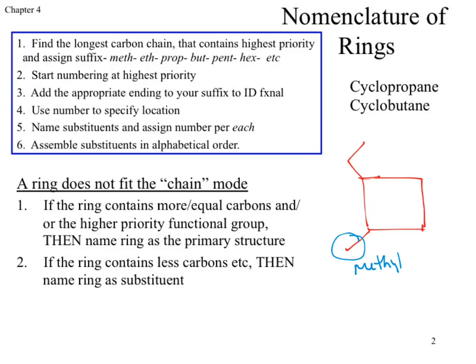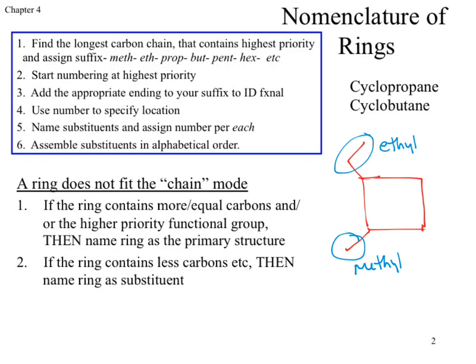We have a methyl and we have an ethyl. Here's my primary weakness. If we were going to go through and now put this into a name, which substituent comes first? Ethyl, because alphabetical. So we would name it as ethyl methyl cyclobutane.